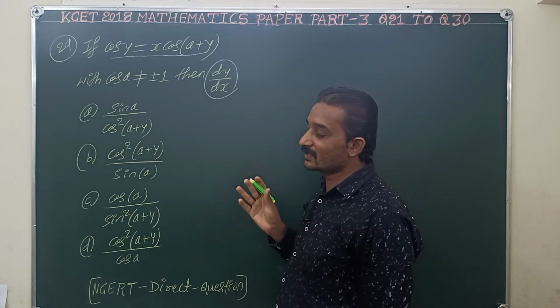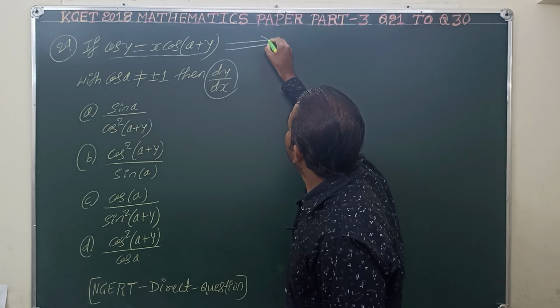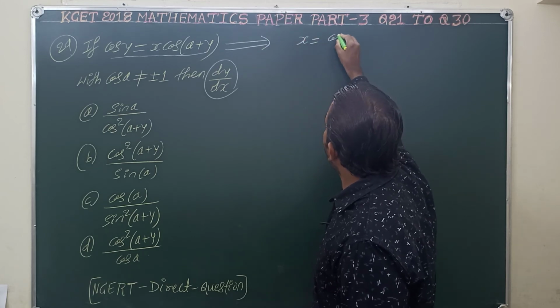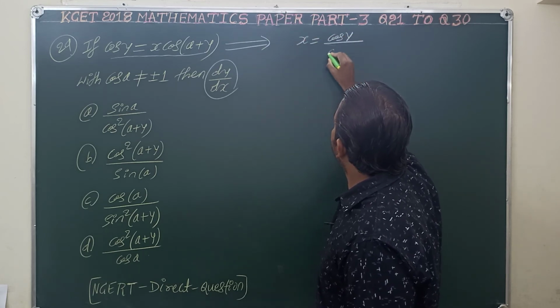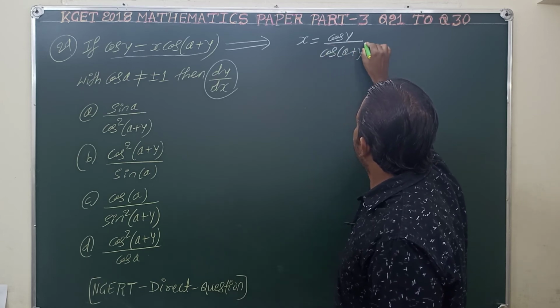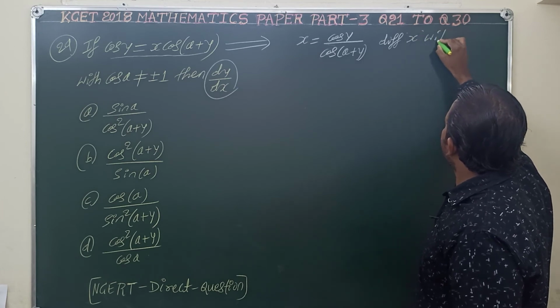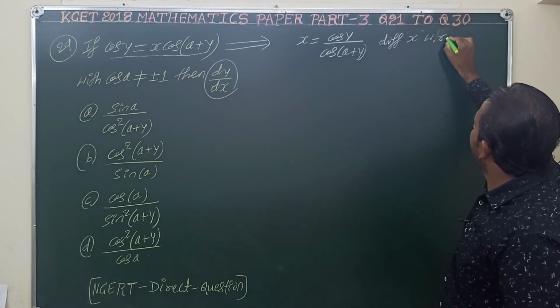This approach is easy. So here we take x is equal to cos y divided by cos of (a plus y). Differentiate x with respect to y.